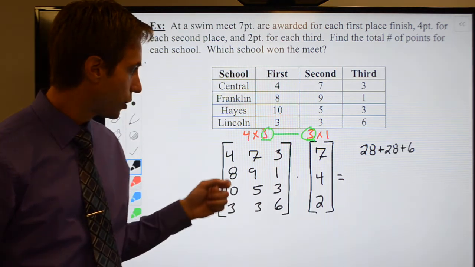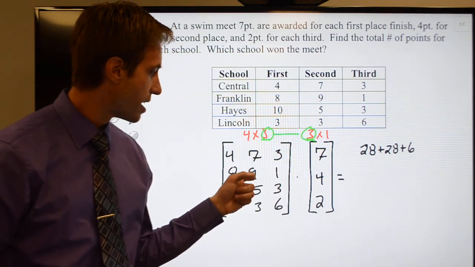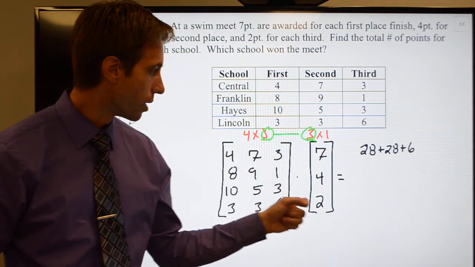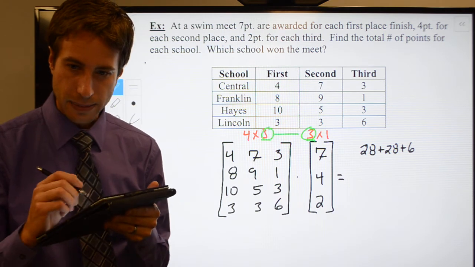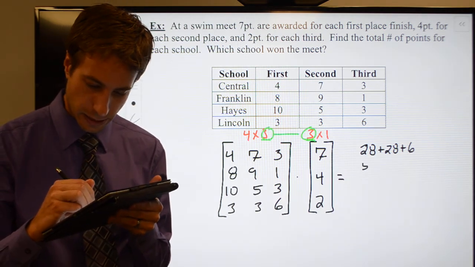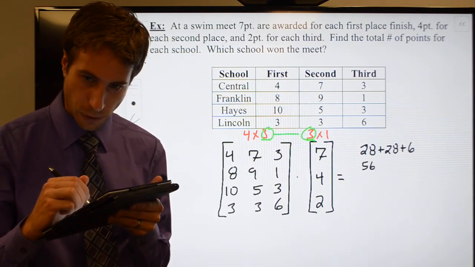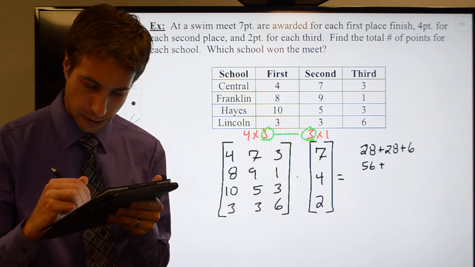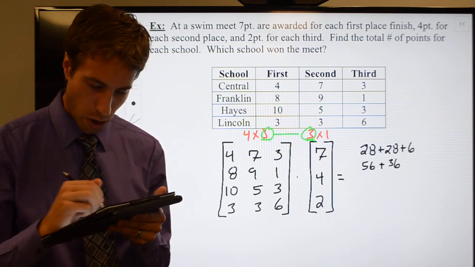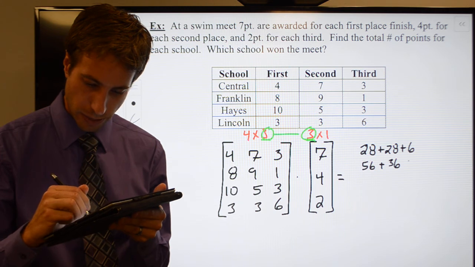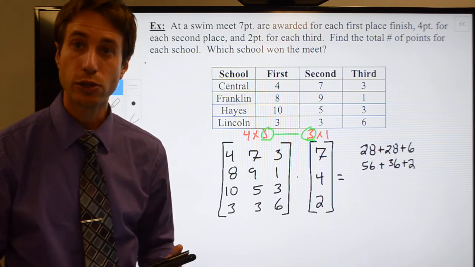All right, then we're going to do 8 times 7, 9 times 4, 1 times 2. 8 times 7 is 56. 9 times 4 is 36. And 1 times 2 would be 2.